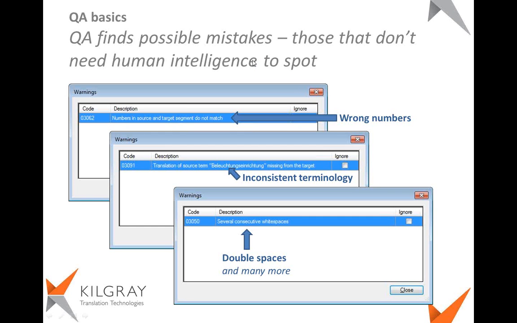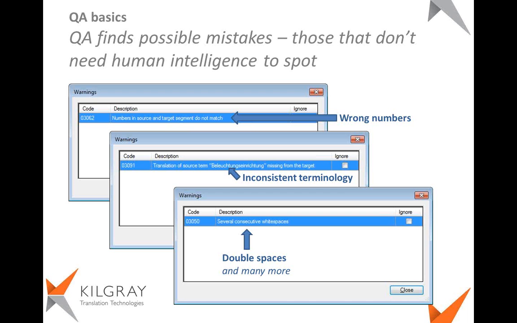So let's jump into the QA basics. I just cannot fail to note that there is a lot more to quality assurance as such than a QA module. But a QA module will find possible mistakes in the translation, those mistakes that can be detected by a machine, those that don't require human intelligence to spot.